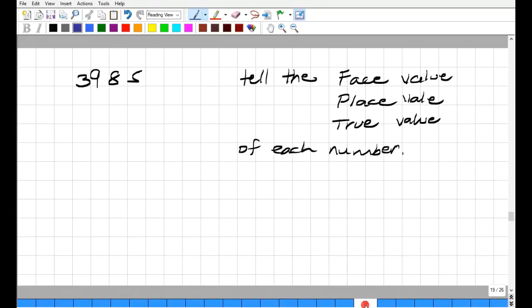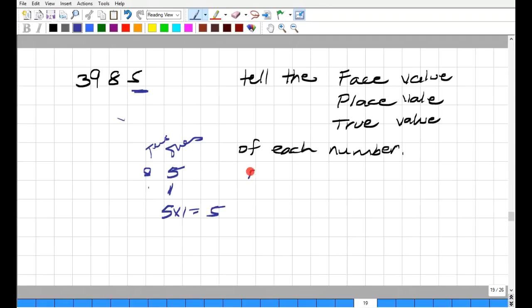Tell the face value, place value, and true value of each number. So 5 is in the ones place. So the face value is 5, the place value is 1, and the true value would be 5 times 1 being 5. The 8, in our tens place.